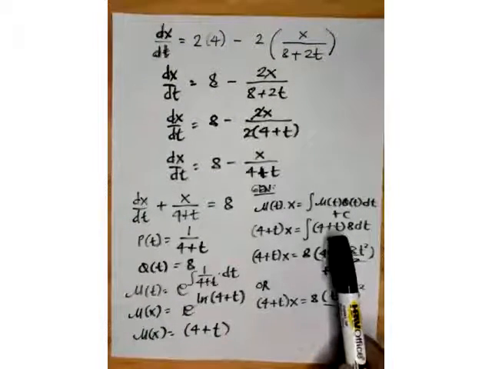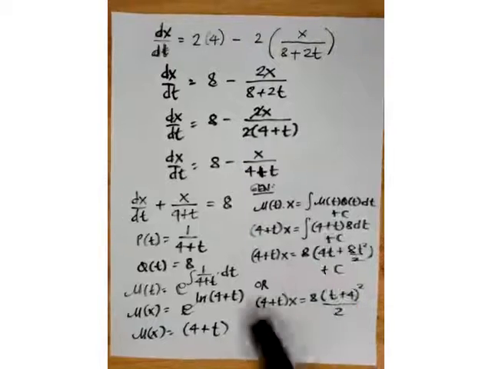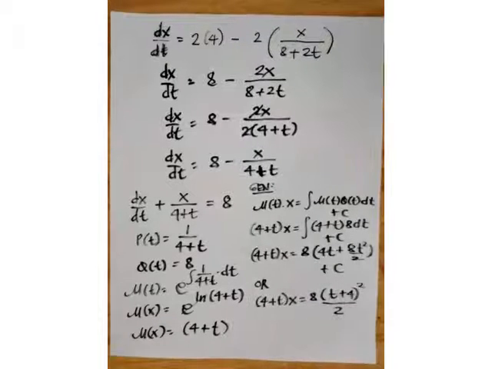Kasi ang integral, pag dinerive natin to, ang sagot ay dt. Ayan. So whichever you want, it's okay. Plus C. So ano mas gusto nyo? Parang mas gusto ko yata to. Mas gusto ko to.